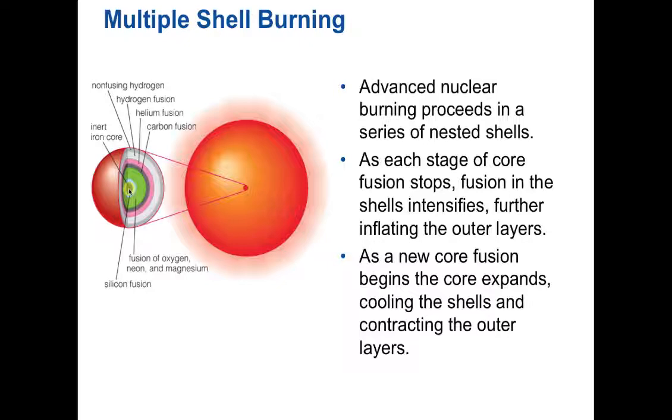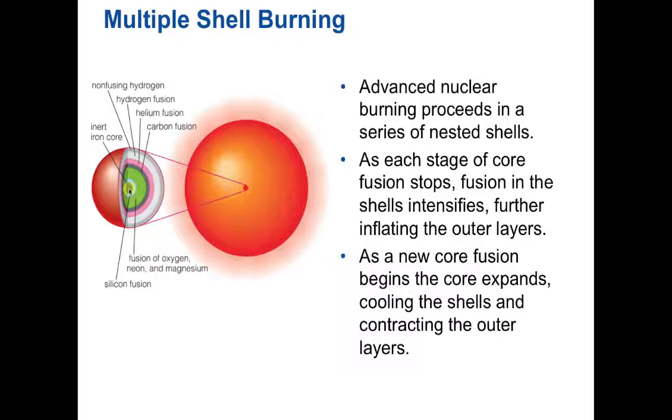So you have all these different fusions going on. A lot of energy is being produced. And every one of these steps goes faster and faster and faster. Every time a core fusion stops, fusion in the shells intensifies, becomes stronger. The core then shrinks and the outer layers expand.